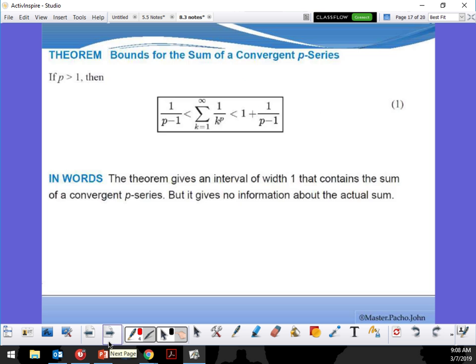All right, theorem. Bounds on the sum of a convergent p-series. If p is greater than 1, then it should fit this rule right here, where 1 over p minus 1 is going to be less than the sum from k equals 1 of my p-series, which is going to be less than my upper bound, which is 1 plus 1 over p minus 1.